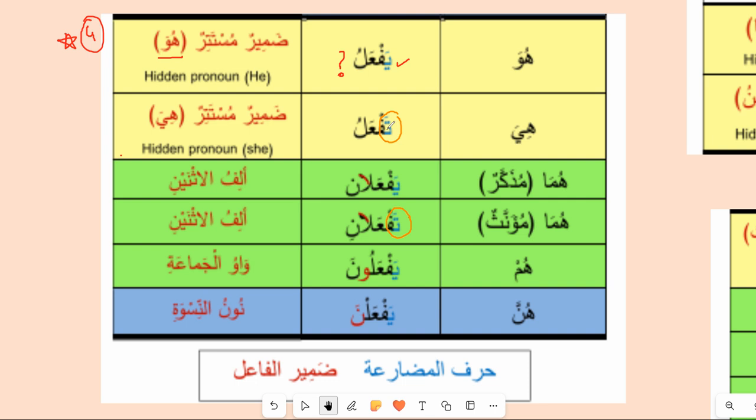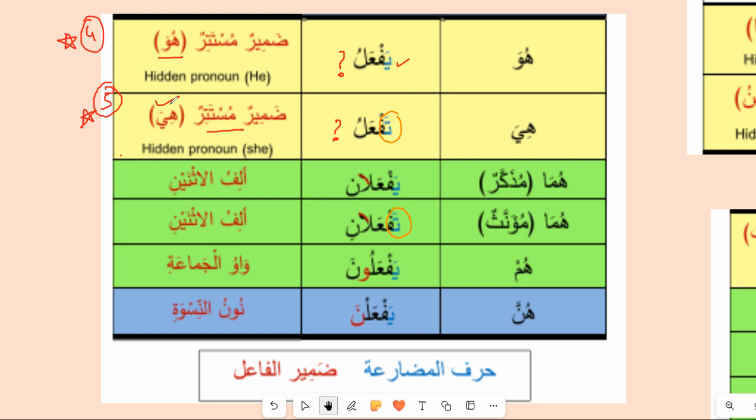That's why the ta letter came back in the ghaib for feminine singular. The same way, we have the harf mudari here and fa'ala, but we don't have the damir here. So it is hidden, damir mustatir, taqdiruhu hiya. So this is our fifth hidden pronoun. So in present tense, we have five hidden pronouns.